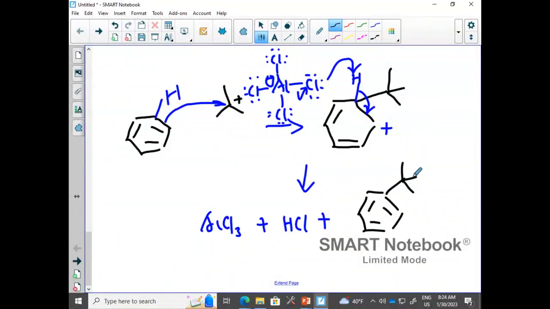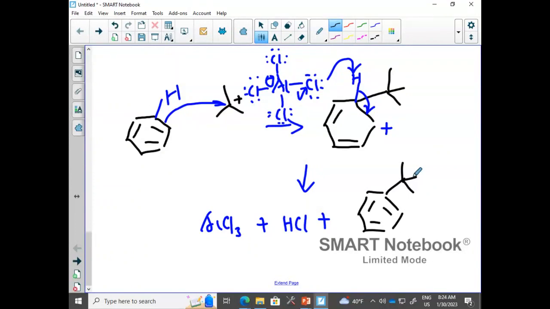As far as the reaction name goes, all alkylation reactions of benzene, if a carbocation is involved as the true electrophile, can be called Friedel-Crafts alkylation reactions.